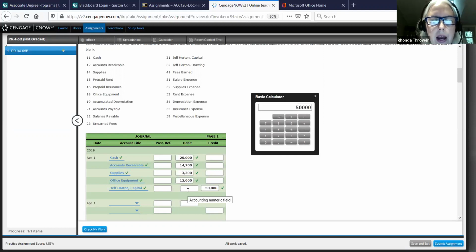All of these accounts are debits because they're asset accounts. The asset accounts are increasing because the owner has given them to the business. They now are the business's asset accounts. And the owner is going to take credit for those assets that he gave for a total amount of $50,000. The owner's capital has increased because the owner made an investment in the business.